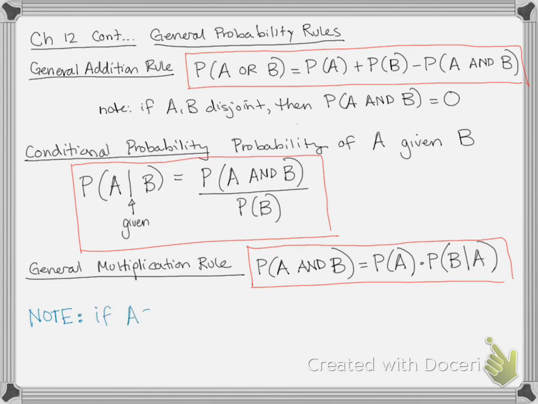If A and B are independent, then the probability of B given A just equals the probability of B. So we're back at this original formula that we had in our first set of rules for probability. But if A and B are independent, then A has no impact on B, and it does not matter if A happens first. We would just get the same exact probability here.